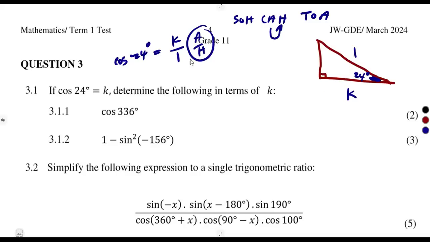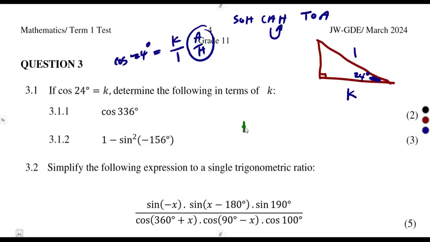Using your Pythagoras theorem, guys, you can find the third side. So this is hypotenuse 1 squared minus k squared, so it was going to be 1 minus k squared. Okay. Let's just put this one, guys, as an unknown value.